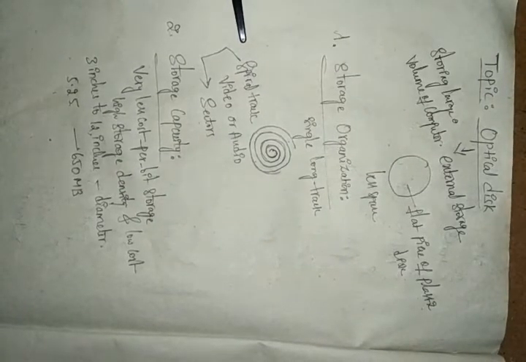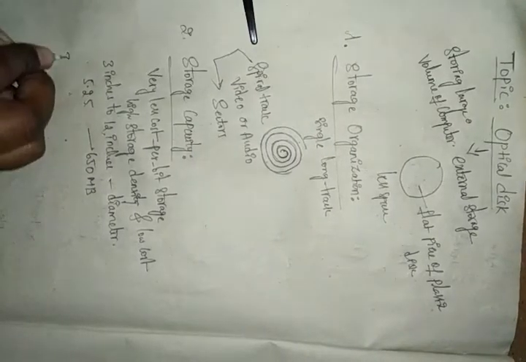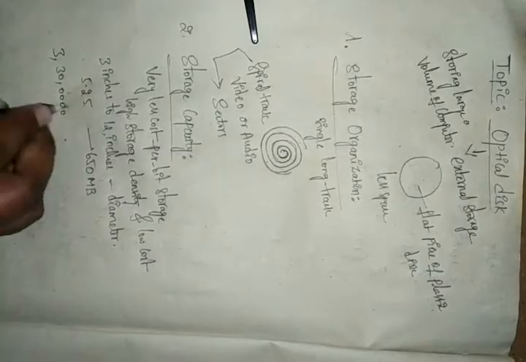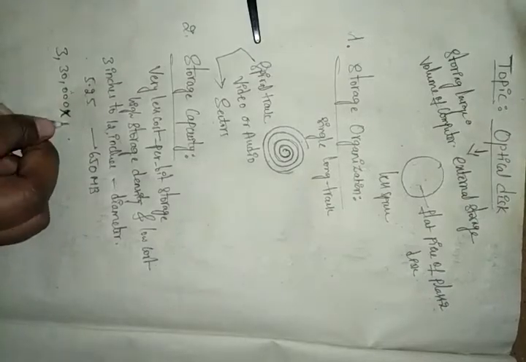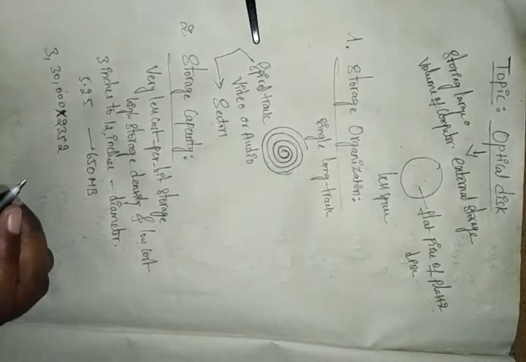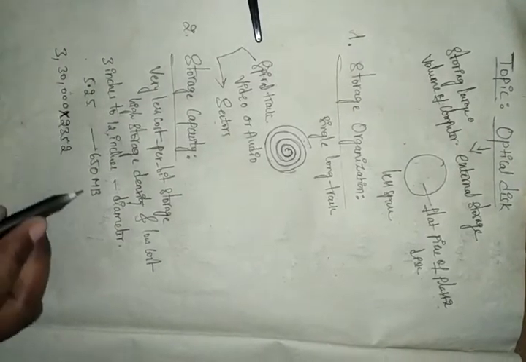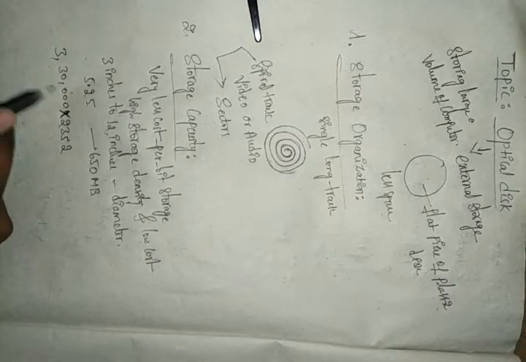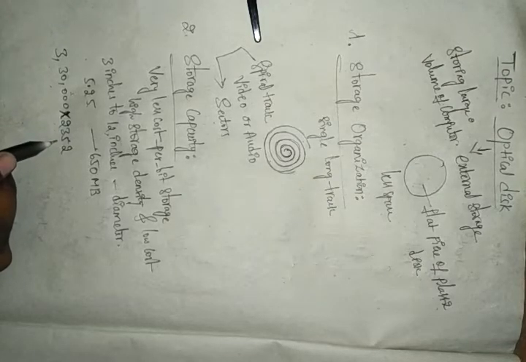Suppose you take the 5.25 disc: we have 3,30,000 sectors, and every sector stores 2352 bytes.